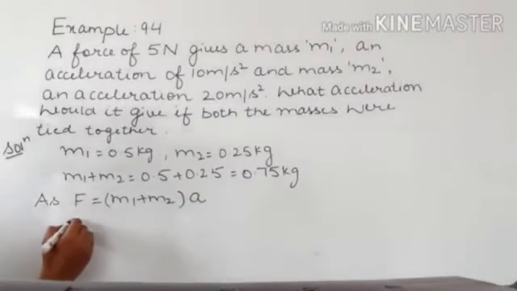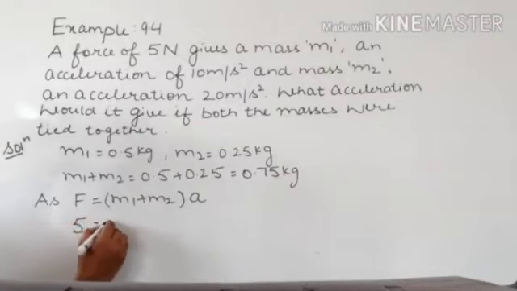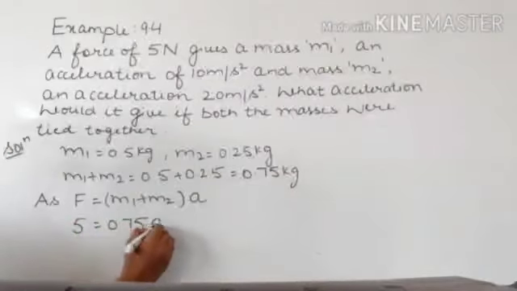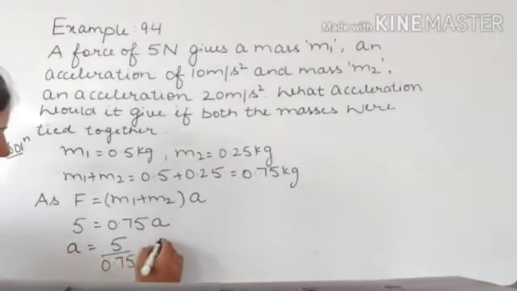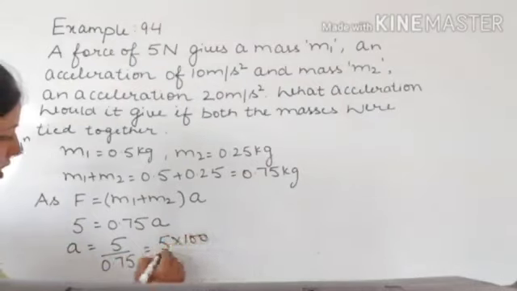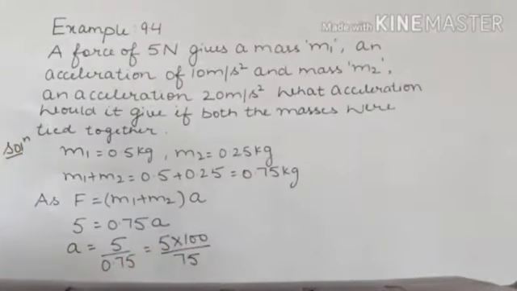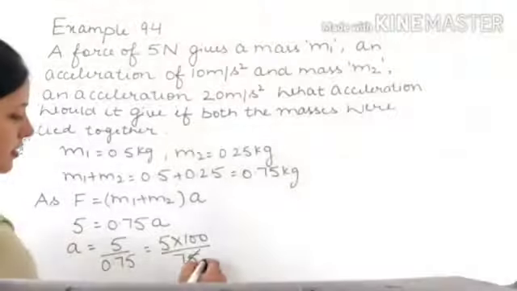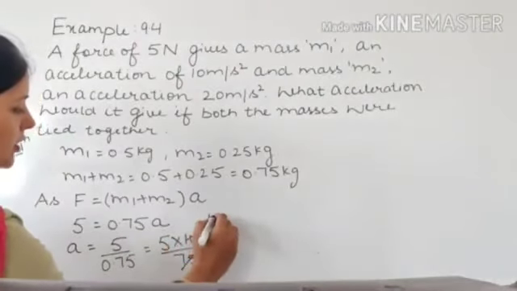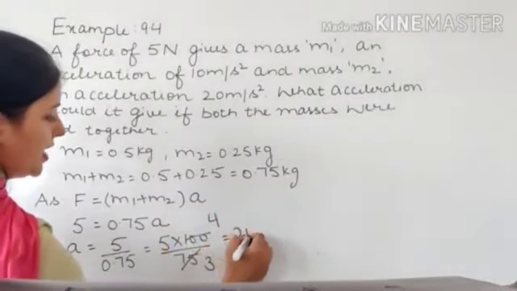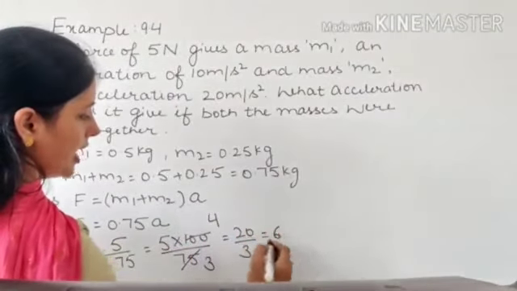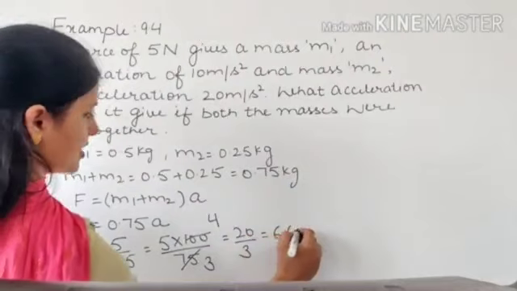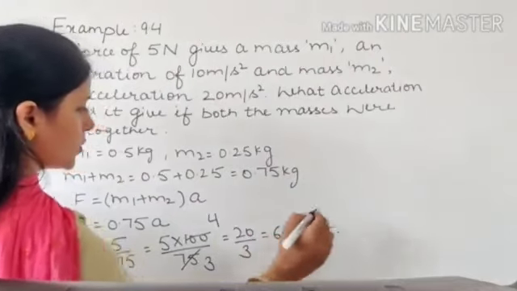So here force we know, 5 Newton, equals 0.75 a. Then a will be 5 divided by 0.75, that is 5 multiplied by 100 over 75. You can solve. 25 3s are 75, 4s are 20 by 3. It means 6.6 meters per second square.